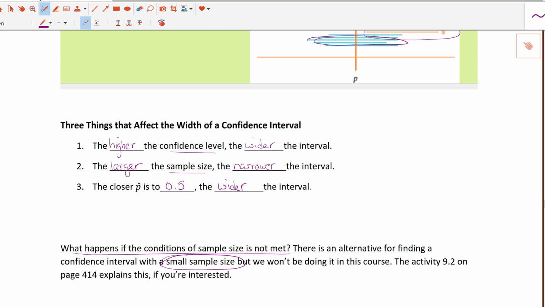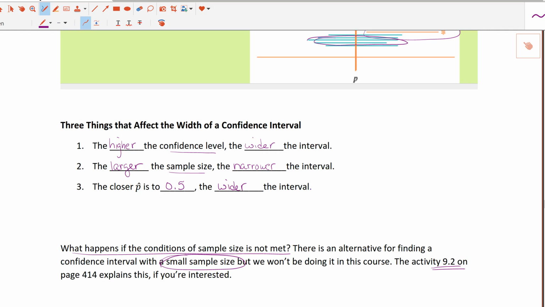There's an activity in section 9.2 that explains this if you're interested in it, but we are not going to be doing it in this class. We're going to be focusing on the statistics that can be done when those conditions are met. And if you're interested in more in-depth, then you really want to take a more in-depth statistics course.